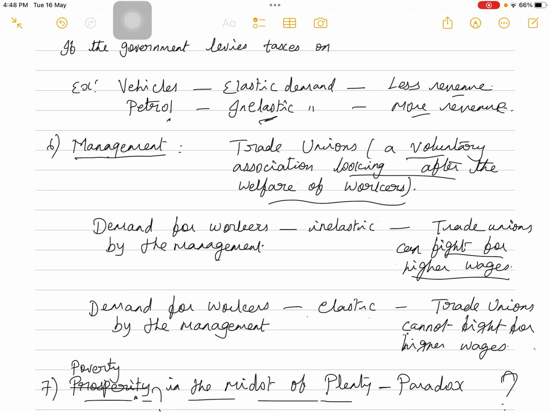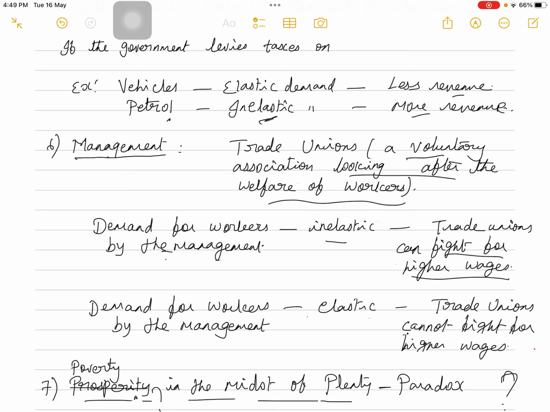Apart from demanding all the basic amenities for the workers, the main target of trade unions is to fetch higher wages for their workers. Suppose the demand for workers by the management is inelastic.